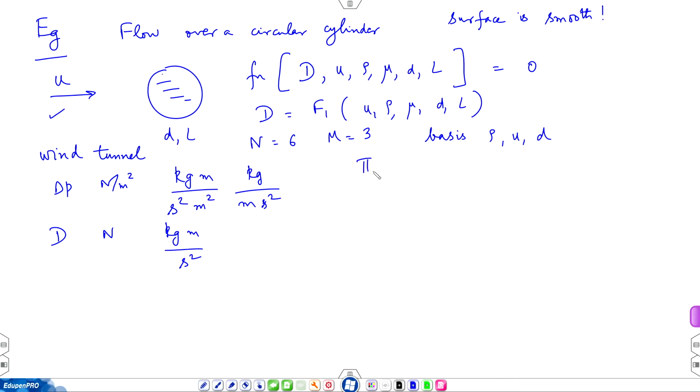So, pi 1, let us say it is L over d, pi 2 will be rho u d over mu, and pi 3 will be, so it will take some time to calculate pi 3. For delta p it was rho u square, and this is not Newton per meter square, it is newtons. So, you will have that d square factor, square of a linear dimension.